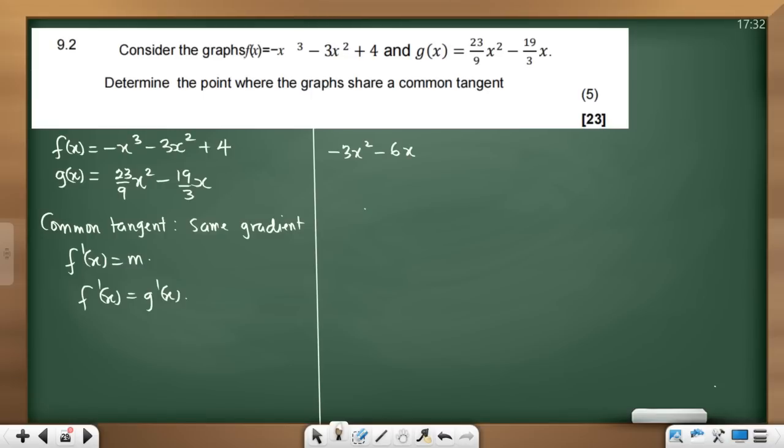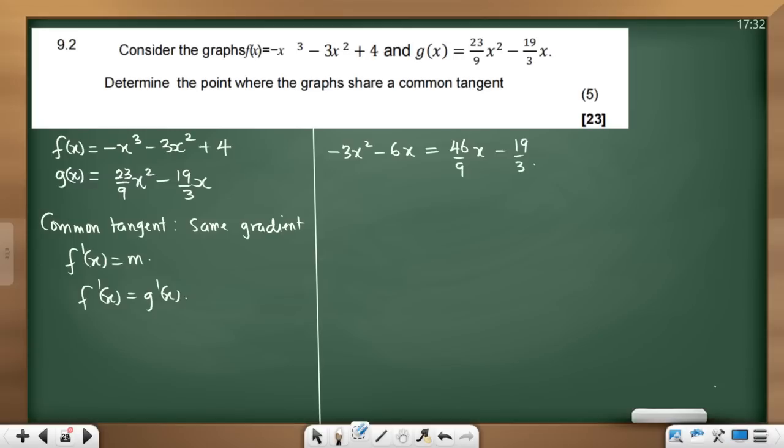Negative 3x squared minus 6x would be equal to 23 over 9 times 2, which gives us 46 over 9 x minus 19 over 3.